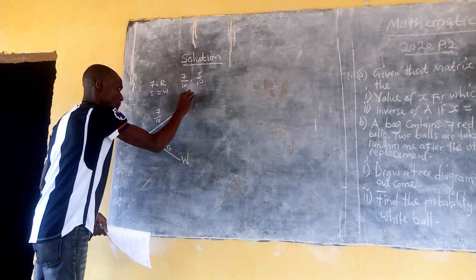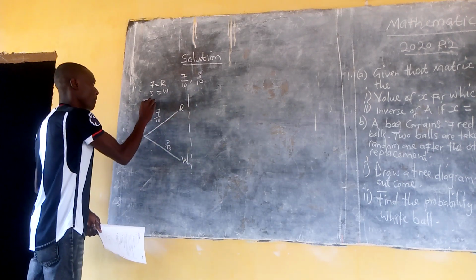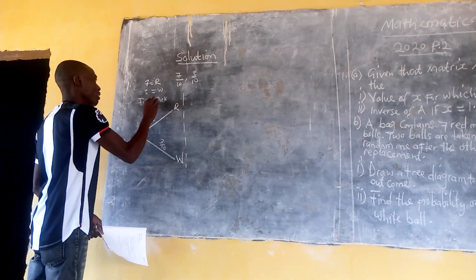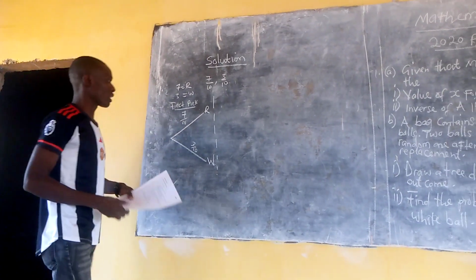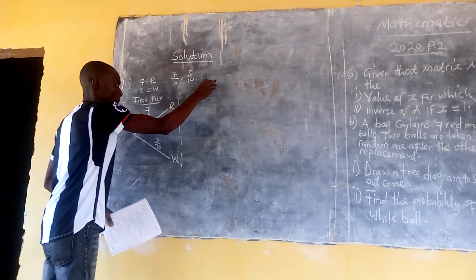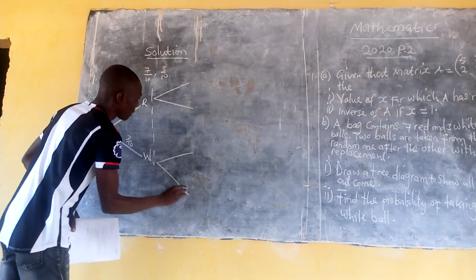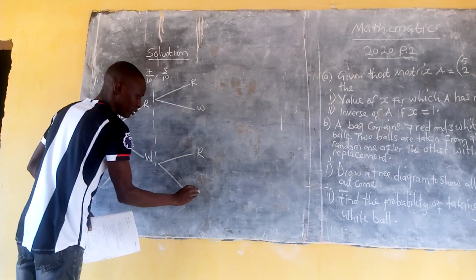So this one, we divide here. This is our first pick. So the second: this is our red, white, red, white.